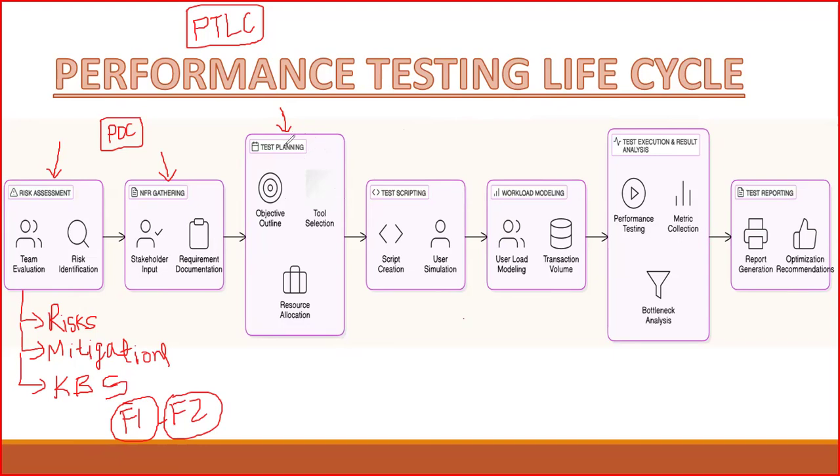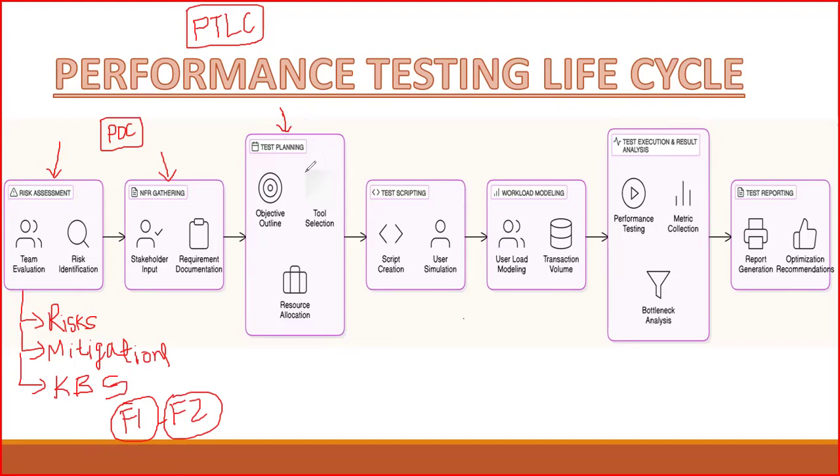But on a high level, this test plan document is going to give you the complete testing process, like where you are going to start the performance testing and where you are going to end it. It is going to give you the complete picture, the complete plan of your performance testing process. So that document we are going to create.